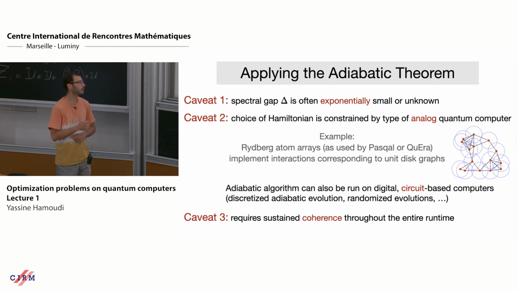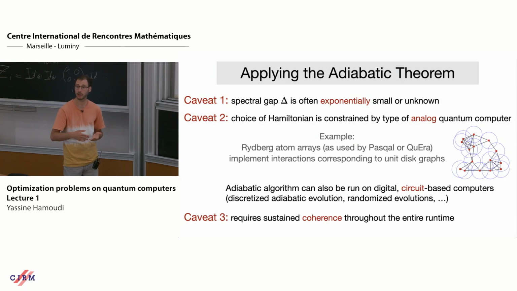And the last limitation of the adiabatic algorithm is that it is not very efficient if you want to use a near-term quantum computer. As we have seen, you have to evolve a quantum state for a certain amount of time, so you have to preserve coherence all along the evolution.